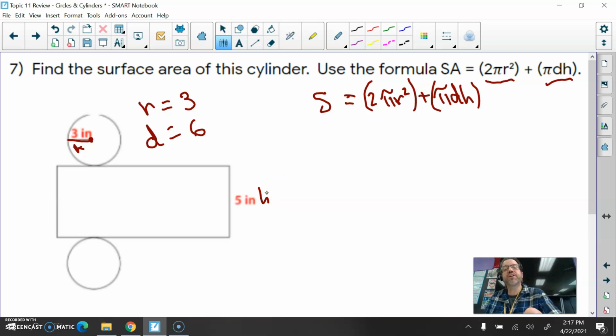So let's just start plugging some numbers in here. I'm going to rewrite the formula, but now substituting in some numbers.